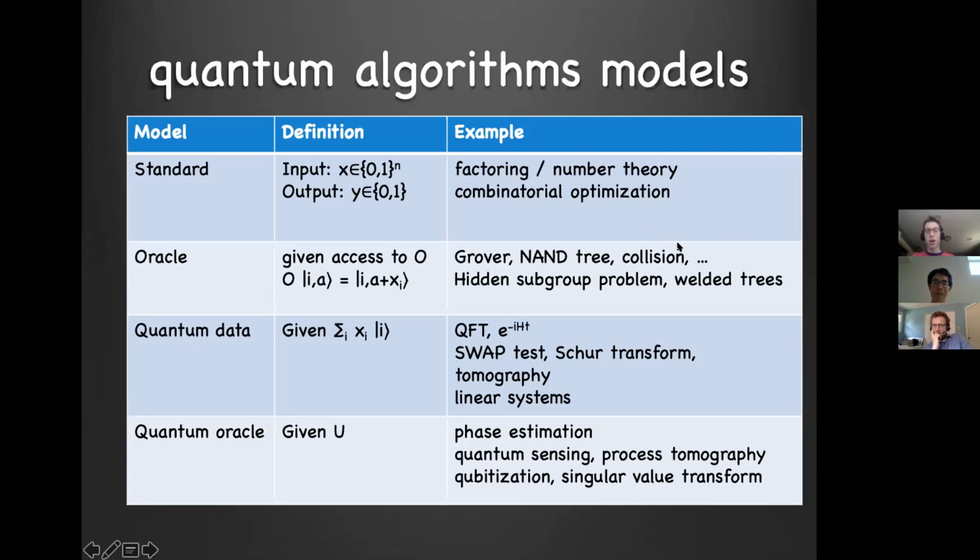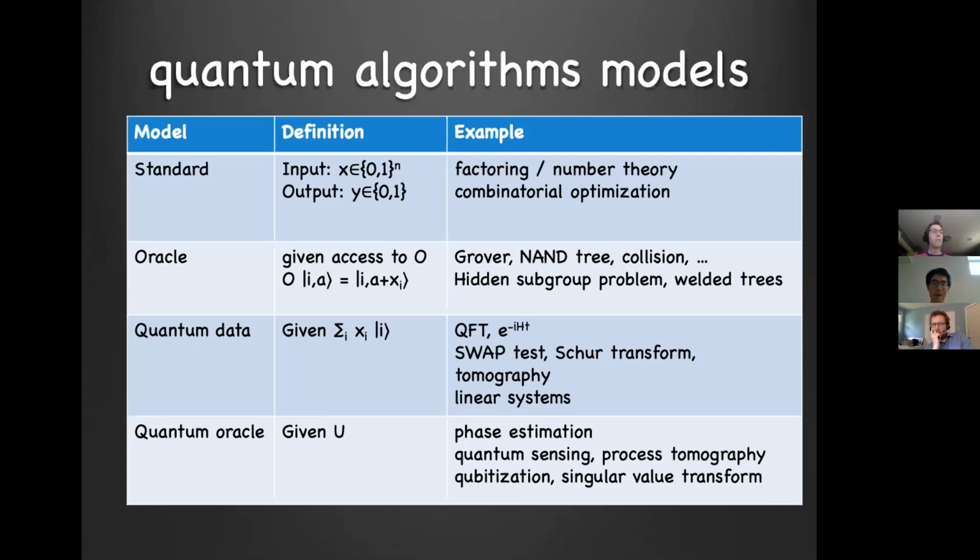Examples of this are factoring, number theory problems, and combinatorial optimization. You might be searching over a very large search space, but it's described succinctly. If you have 3-SAT, you have 2 to the n possible strings, and you want to know which one satisfies the most clauses.